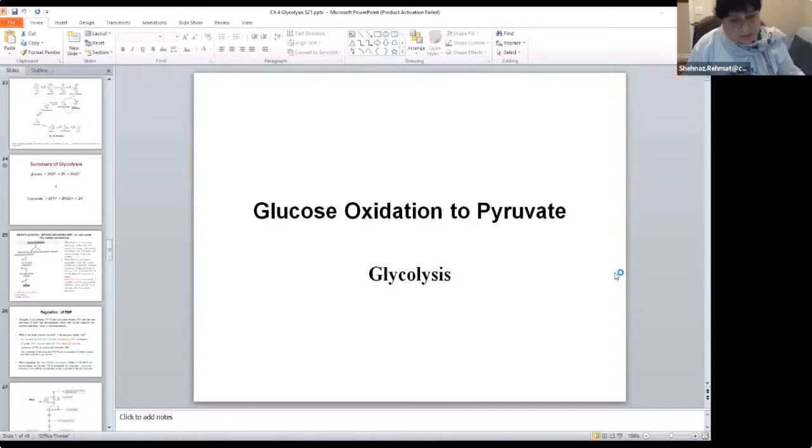So when we look at glycolysis, we look at it as a standard procedure in all bacteria. But then there are variations in different bacteria that we will emphasize.